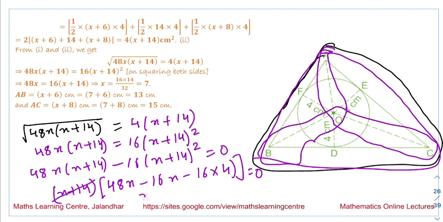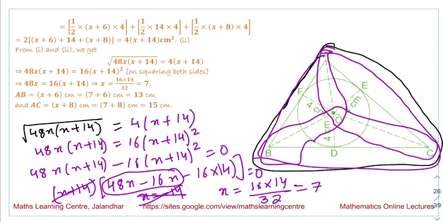So one value of x we are getting is minus 14, and this is not possible. The second value we obtain, on solving, is 32x. So x is equal to 16 into 14 divided by 32, and that comes out to be 7 centimeters. So we are saying this length AF is 7 centimeter, this length AE is 7 centimeter.